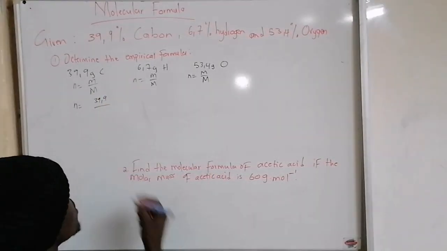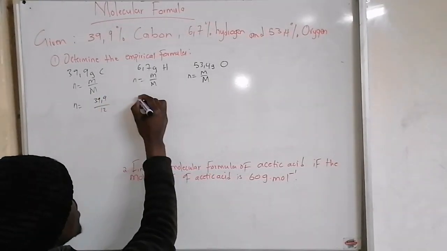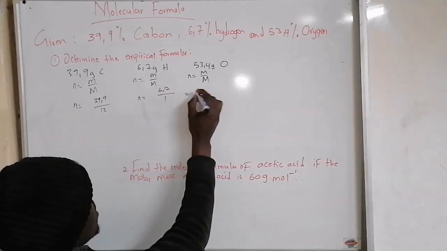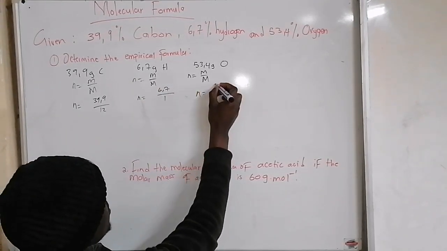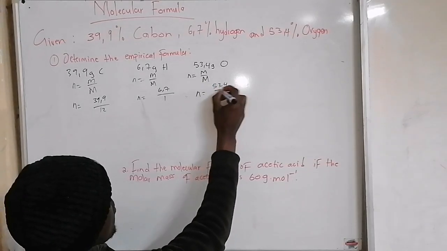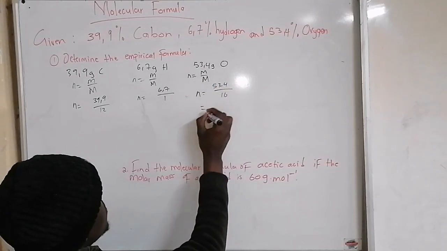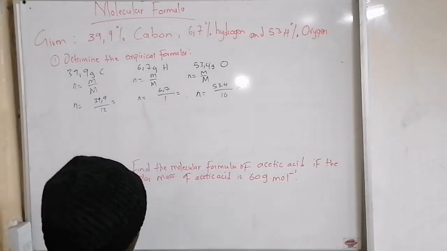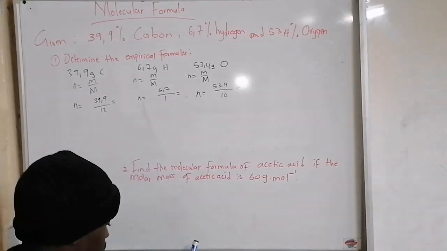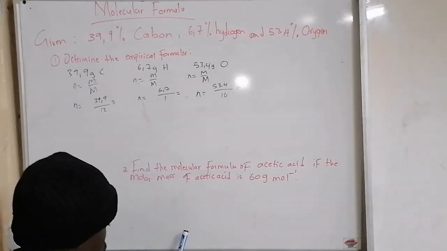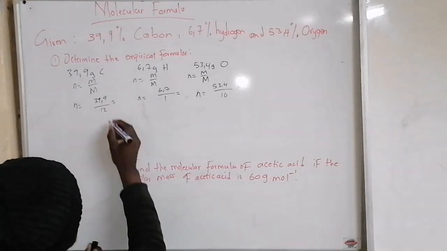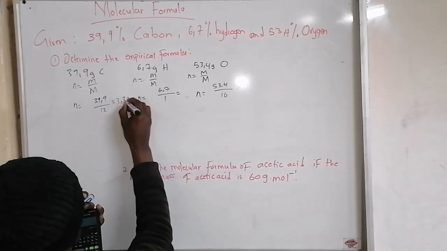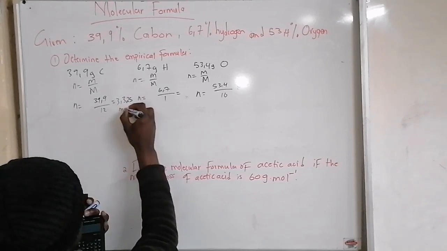We know that it is 12, right? Here we have 6.7 over 1. Here we have n equal to 53.4 over 16. Then let us find our answers. Use your calculator. 39.9 over 12, you get 3.325 mole.